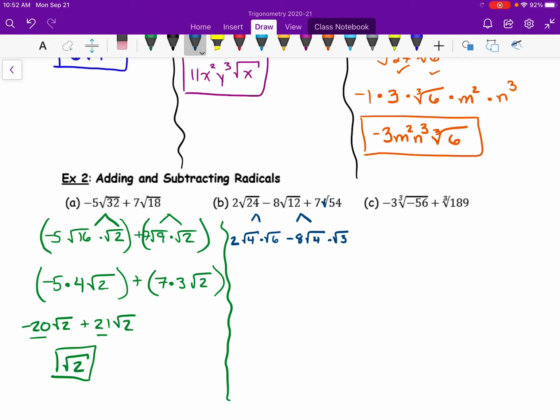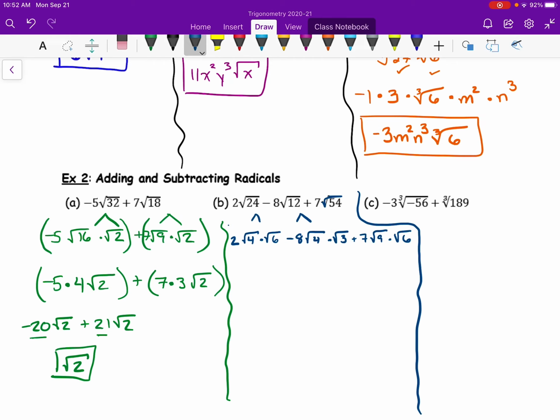And then we got 54. What perfect squares go into 54? 9. 9 times 6, so plus 7 square root of 9, square root of 6. Fitting into that problem.